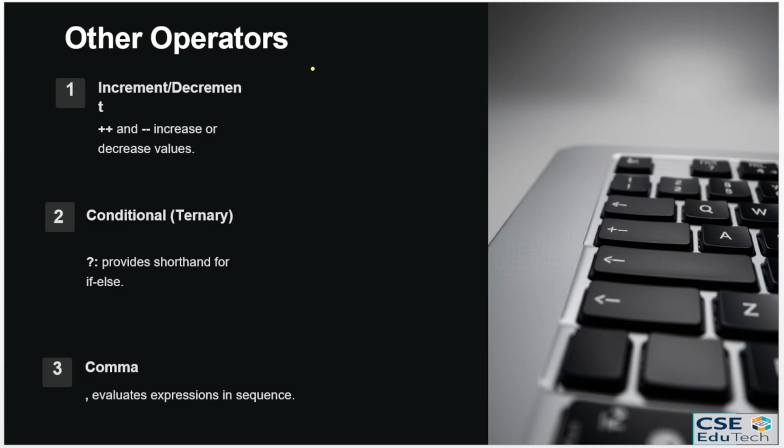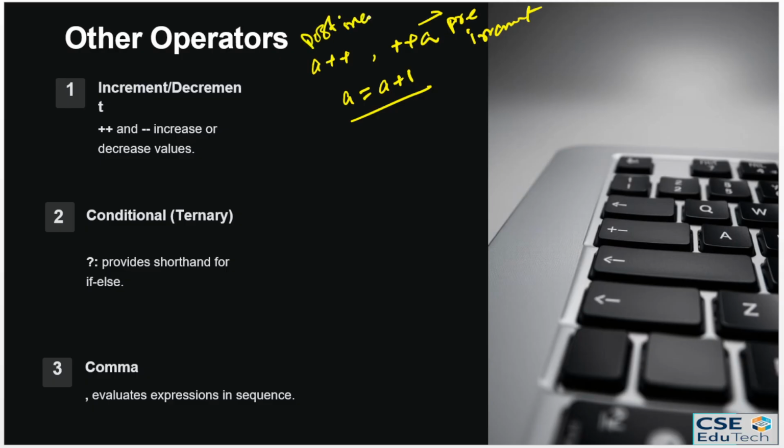If you write a plus plus or plus plus a, both are equivalent to a is equal to a plus 1, but one is a pre-increment and the other is a post increment. Similarly, if we write a minus minus, it is a post decrement, and if we write minus minus a, it is a pre decrement. Both mean a is equal to a minus 1.